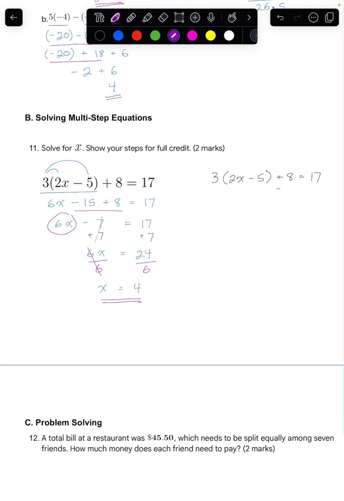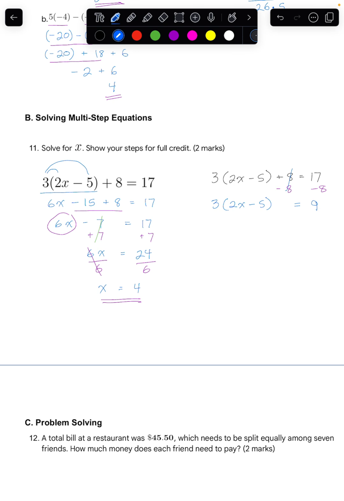So we'll subtract 8 from both sides. We still have this 3 times 2x minus 5, but this plus 8 minus 8 cancel each other out. And we're left with 17 minus 8 on the other side. Well, that is 9.